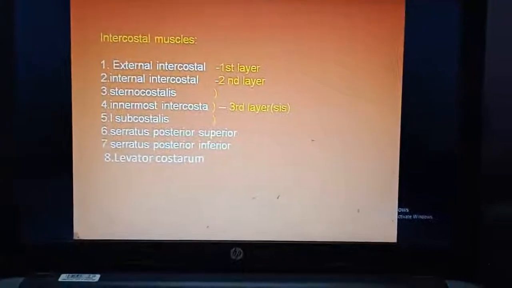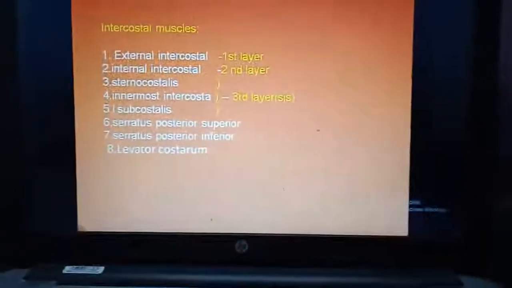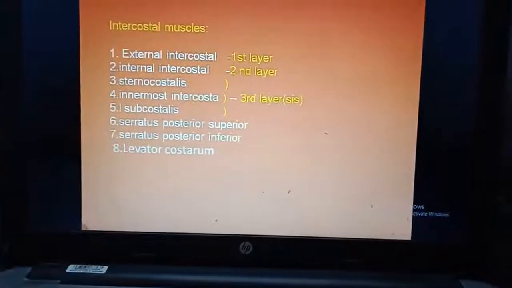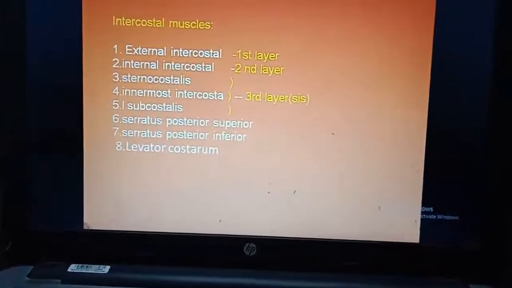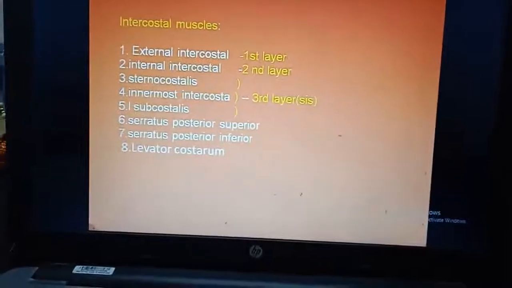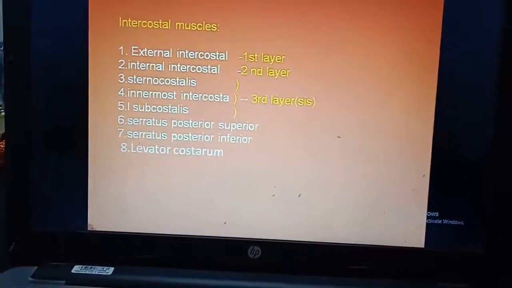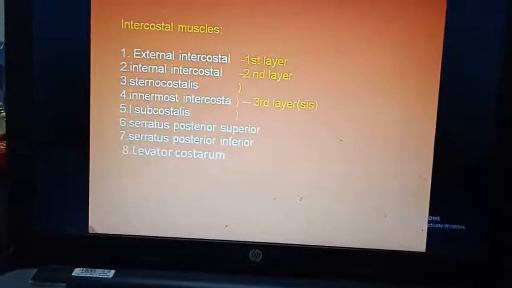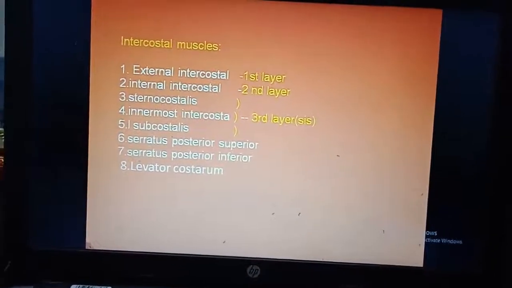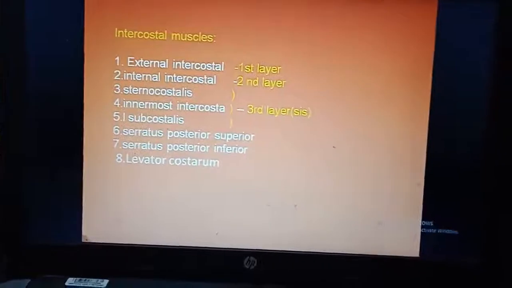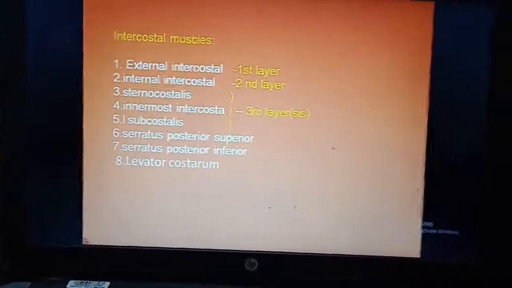Intercostal muscles: they are external intercostal, internal intercostal, and in the third layer there is the sister, that is the sternocostalis, innermost intercostal, and subcostalis. And two brothers on the external aspect protect the sisters, that is the external intercostal and internal intercostal in the first and second layer respectively.